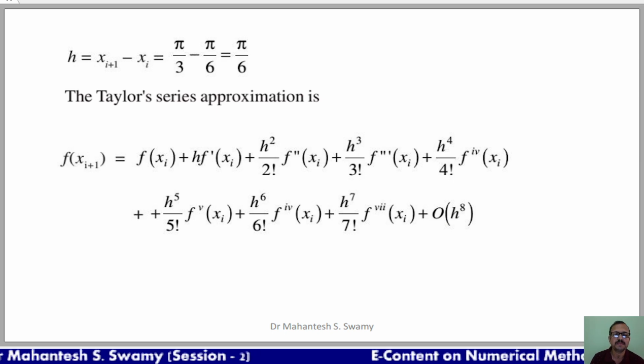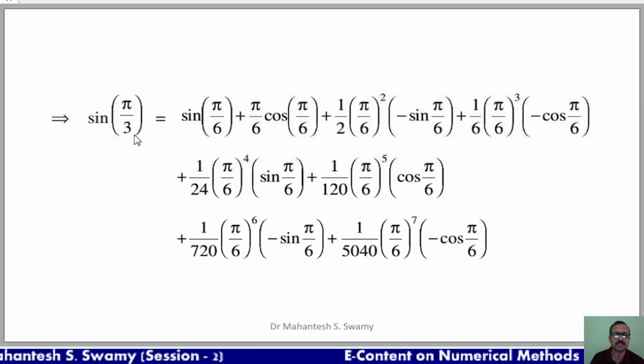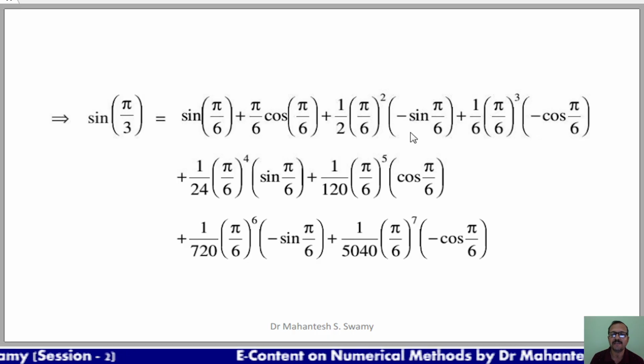Now you please see, we will substitute the values. This is xi plus 1, this is xi, this is h, this is f dash of xi, f double dash of xi, f triple dash of xi, and so on and so forth.